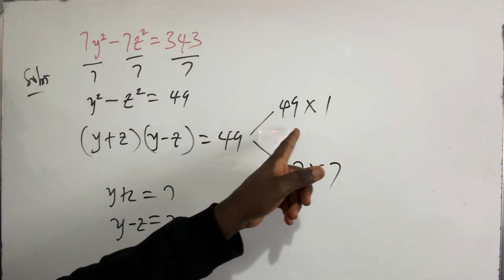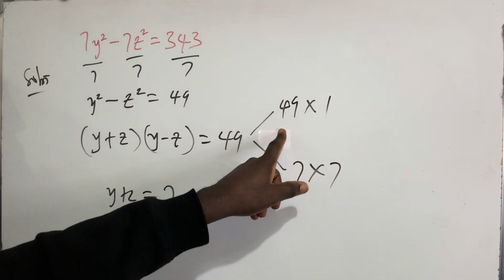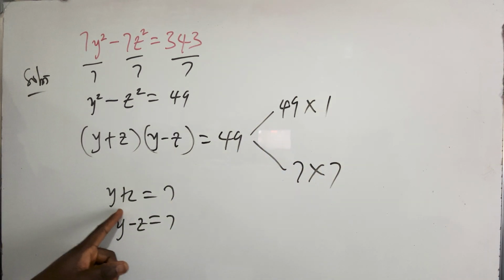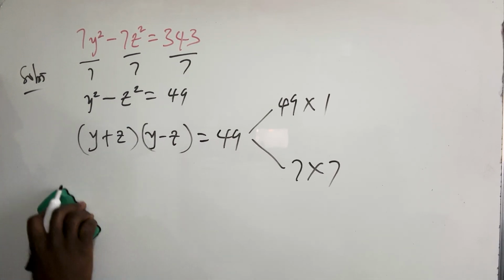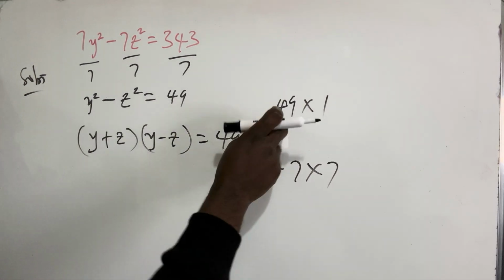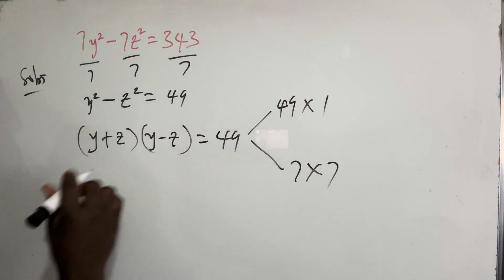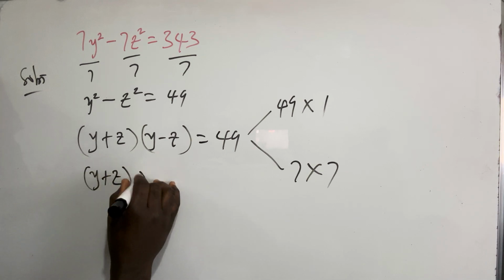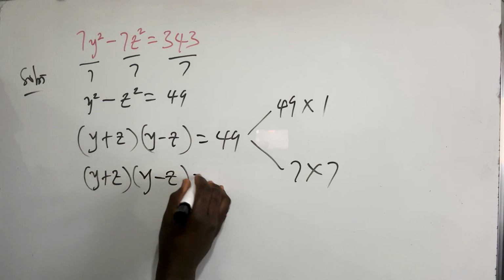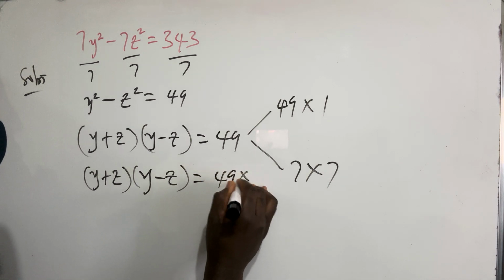This is much more like it, because y plus z is expected to be more than y minus z. So I'll go for y plus z and y minus z being equal to 49 times 1.